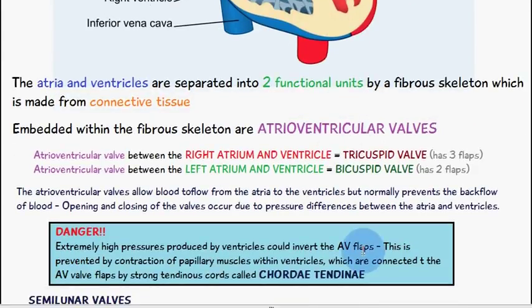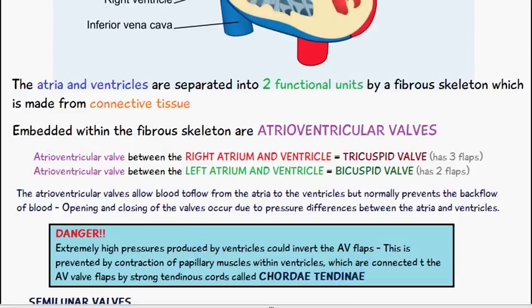So extremely high pressures produced by the ventricles could invert the atrioventricular flaps, and this is prevented in some cases by contraction of papillary muscles within the ventricles, which are connected to the atrioventricular flaps by strong tendinous cords called chordae tendineae. Okay, you can see them from this image here.